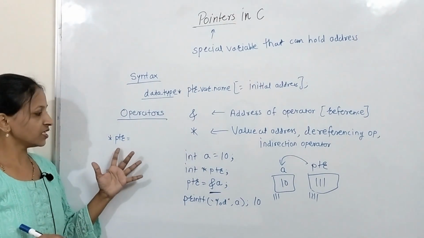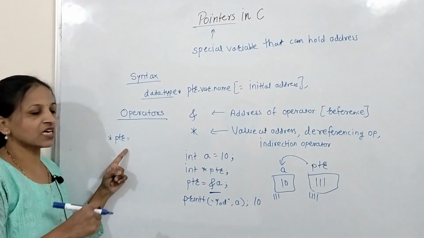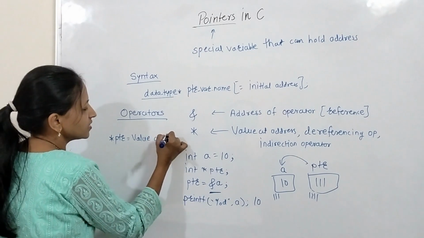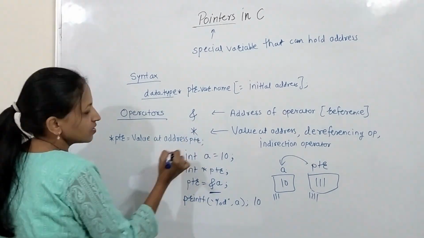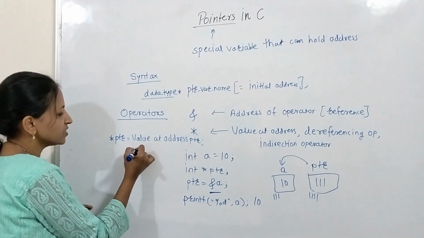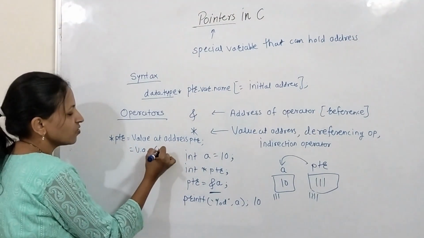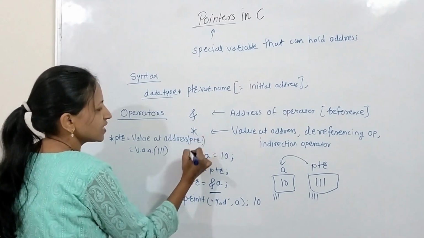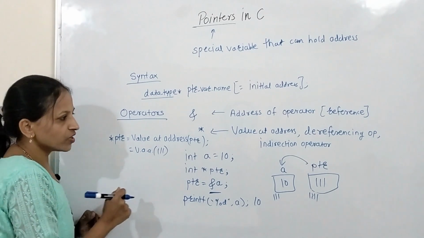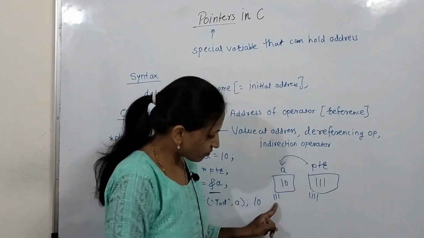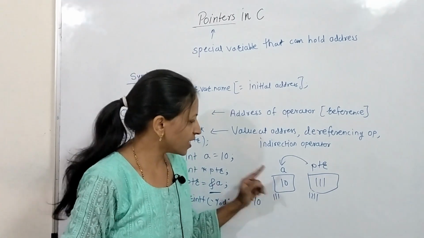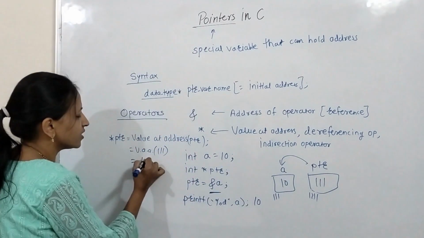The meaning of *ptr is value at address ptr. Now what is ptr? 111, meaning value at address 111. What is the value at address 111? The address 111 is here, and what is the value there? That is 10. Now it will give you 10.